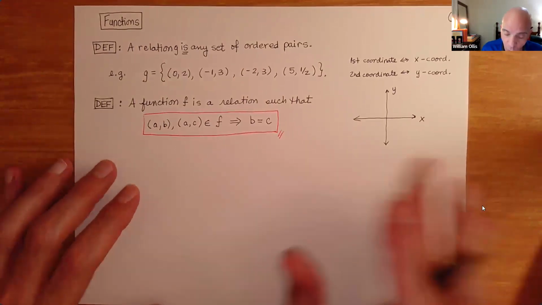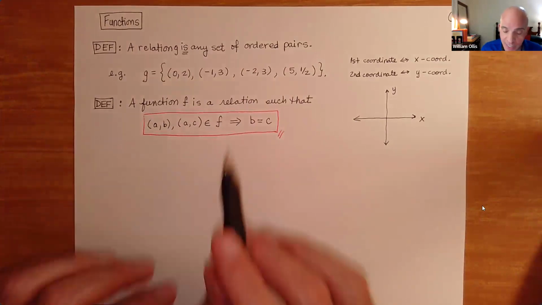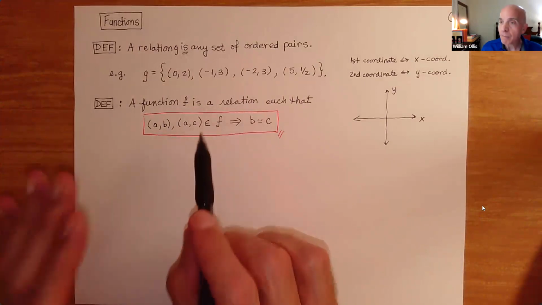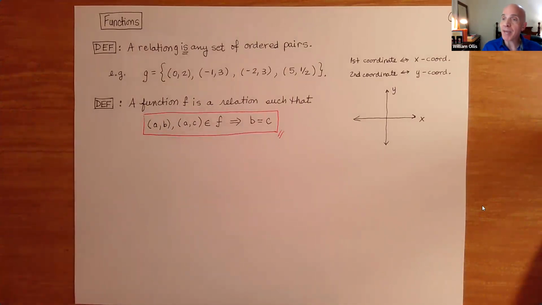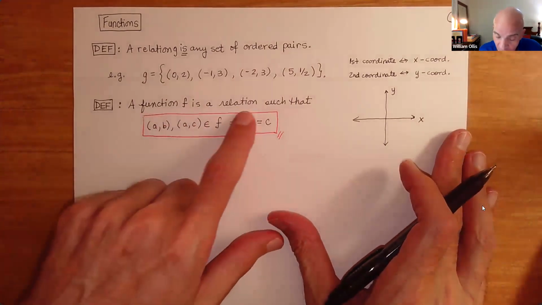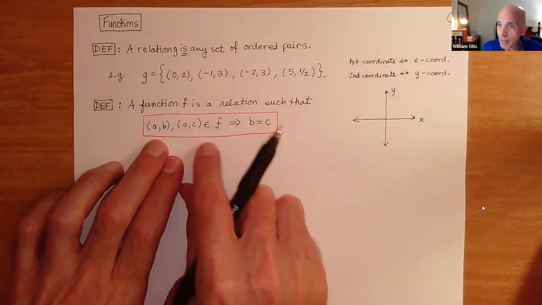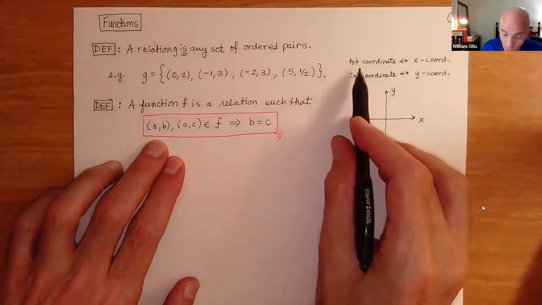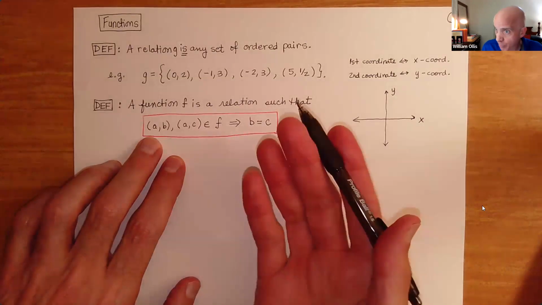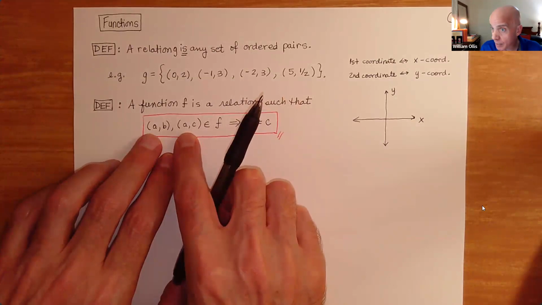Now, what we want to notice here, if we move to the definition of a function, is that we still have a relation, but there is a unifying principle that makes the relation a function. And here it is. A function f is a relation such that if we have two elements of F where the first coordinate in each element is the same number or the same element, so to speak, for instance, the same object.